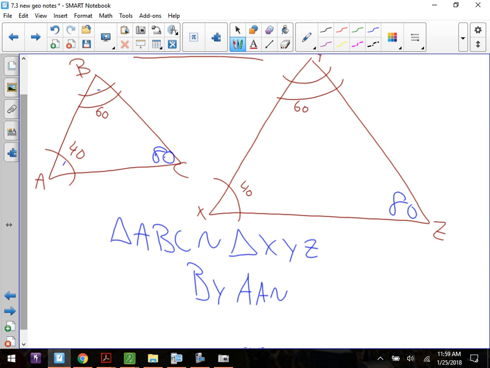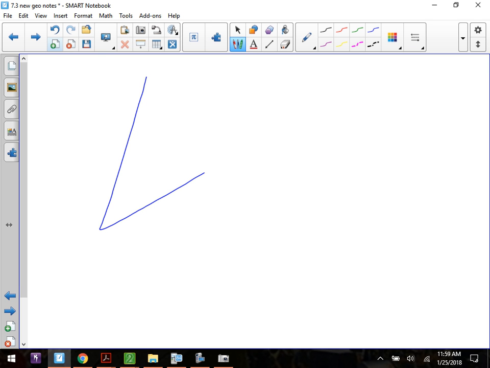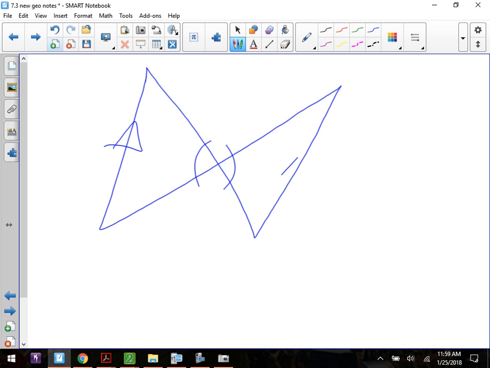For example, if I have a good old-fashioned bow tie picture. What do you have in the middle here? You always have vertical angles. If these two guys happen to be parallel, isn't this a transversal? Isn't the other way a transversal?